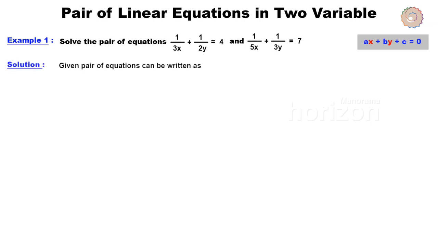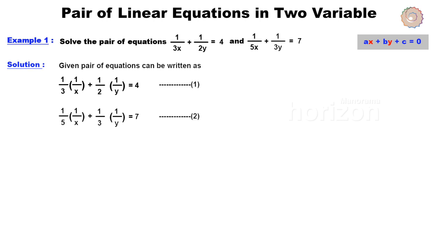The given pair of equations can be written as 1 by 3 into 1 by x plus 1 by 2 into 1 by y equal to 4 and 1 by 5 into 1 by x plus 1 by 3 into 1 by y equal to 7. Let's consider them as equations 1 and 2 respectively. But still, it's not in the standard form.